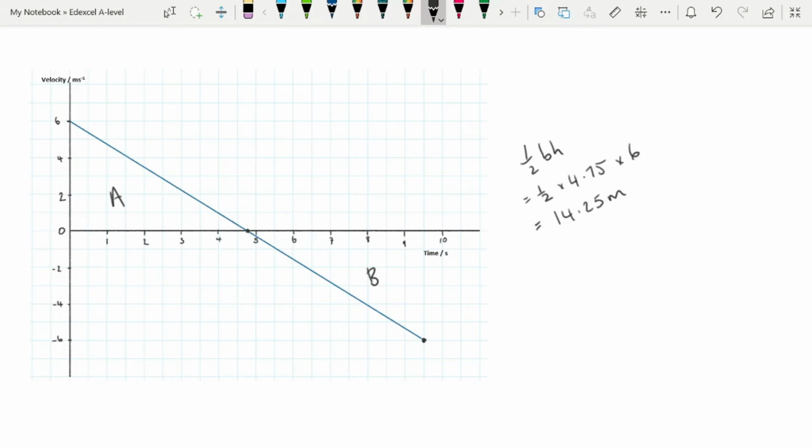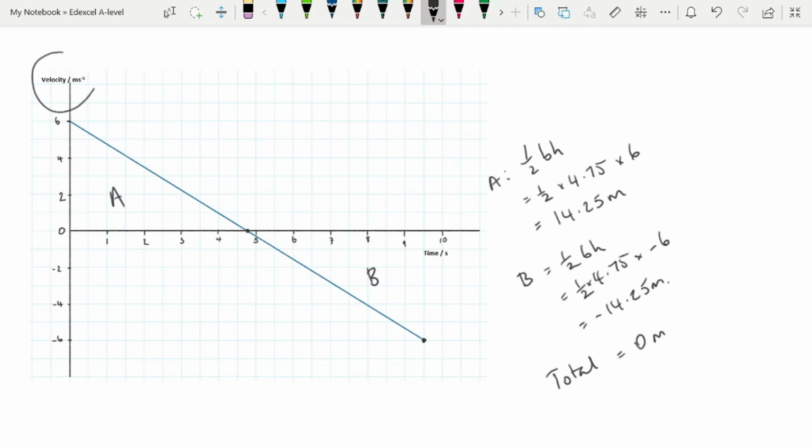If we do part B, you will see that you're doing exactly the same thing, except in this situation, it's still the same amount of time, 4.75 seconds, and this time it's minus 6, so you end up with minus 14.25 meters. That means the total displacement of the object here is 0 meters.